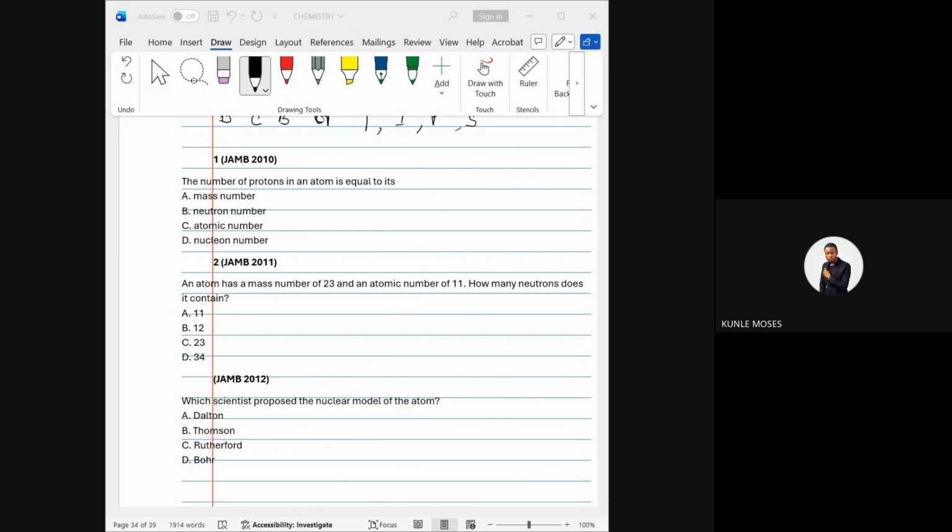It's also talking about the same thing. That is Rutherford. All right. So, do you remember the scientists that proposed it? What does that atomic theory state?